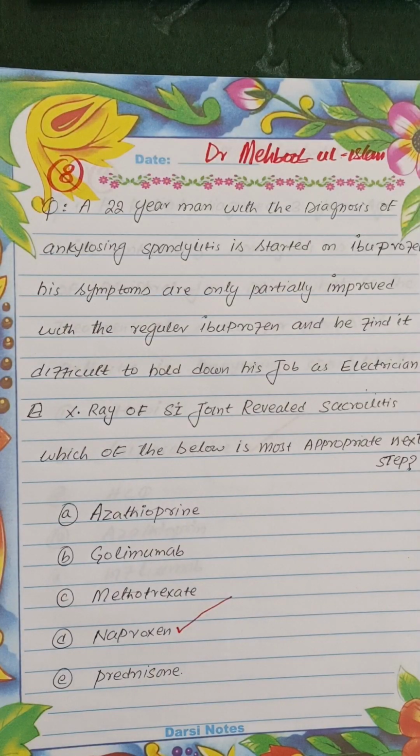A 22-year-old man with a diagnosis of ankylosing spondylitis is started on ibuprofen. His symptoms are only partially improved with regular ibuprofen, and he finds it difficult to hold down his job as an electrician. X-ray of the sacroiliac joint reveals sacroiliitis. Which of the following is the most appropriate next step? Azathioprine.